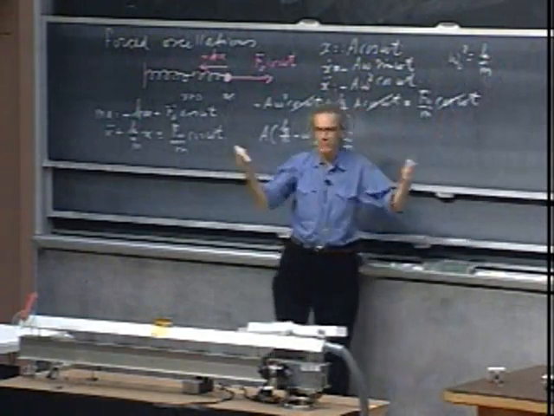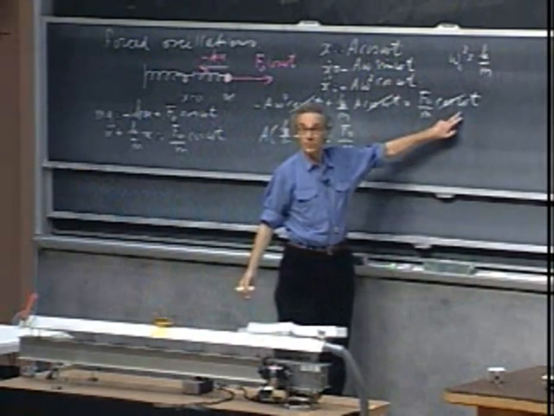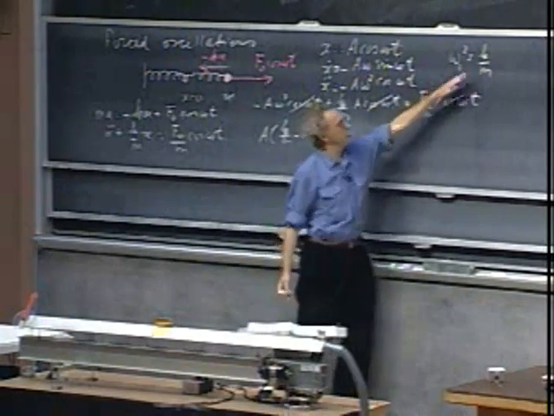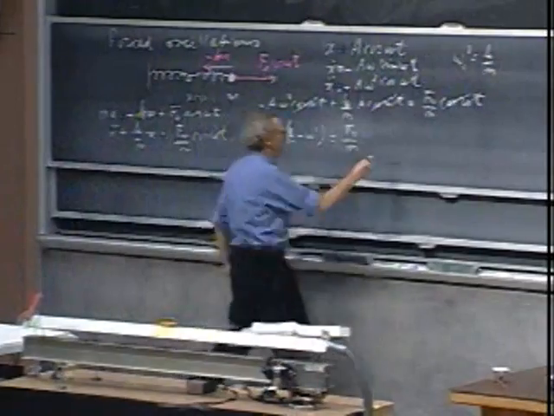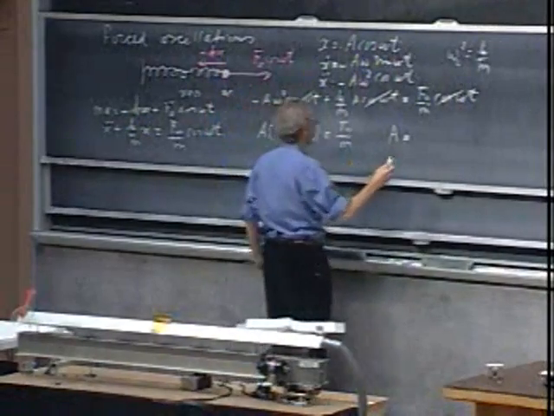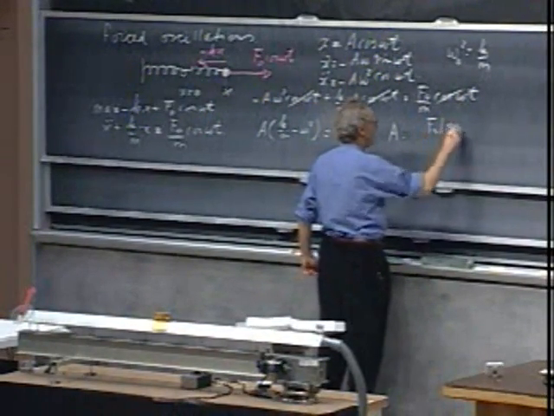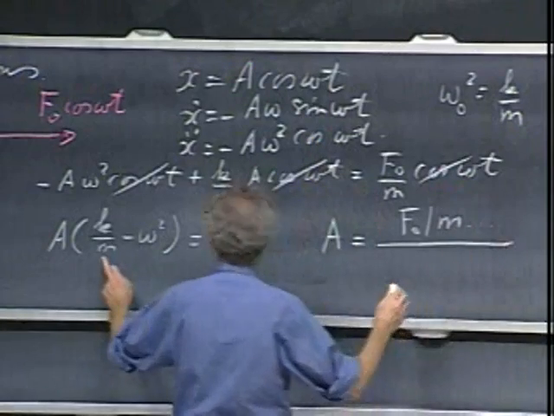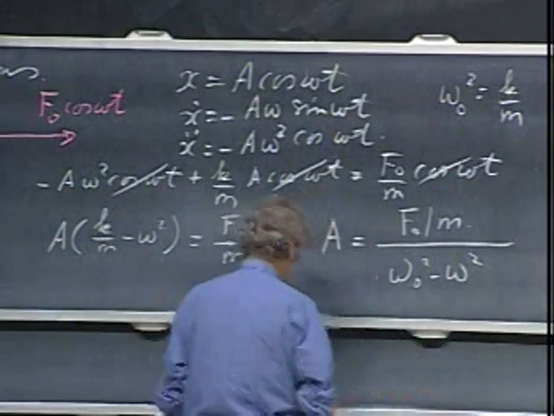This is the frequency that we have dealt with before. This is the driving frequency. It's very different. And so I'm going to substitute in here for k over m omega 0 squared. And so I find then that the amplitude of this object here at the end of the spring will be F0 divided by m divided by omega 0 squared minus omega squared.